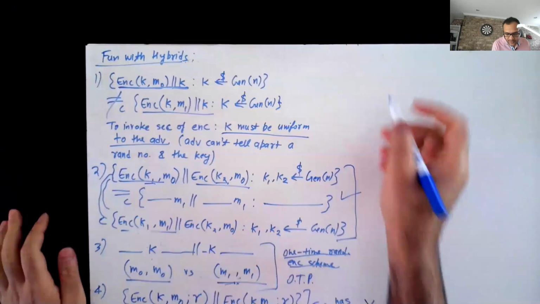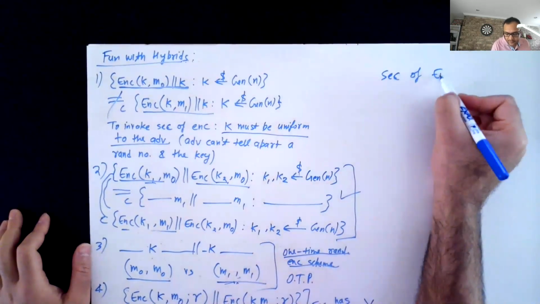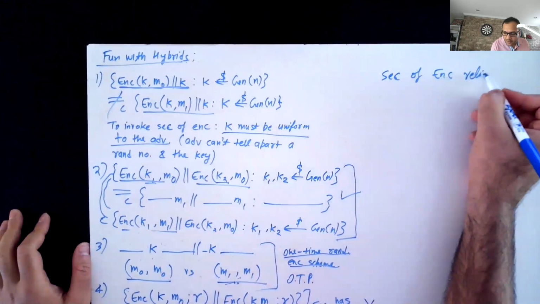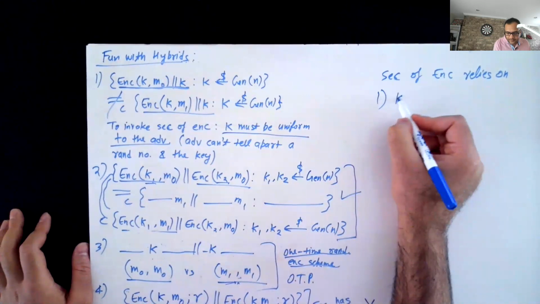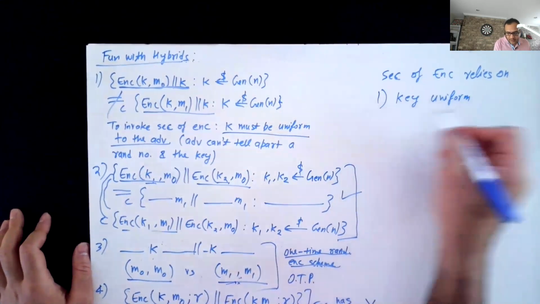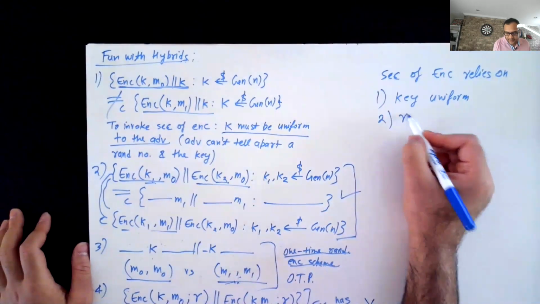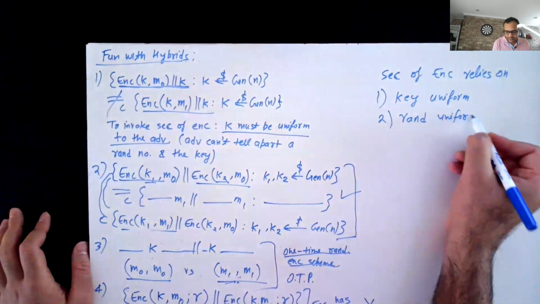So security of encryption relies on, number one, the key being uniform. Number two, the randomness, as the name says, being uniform.